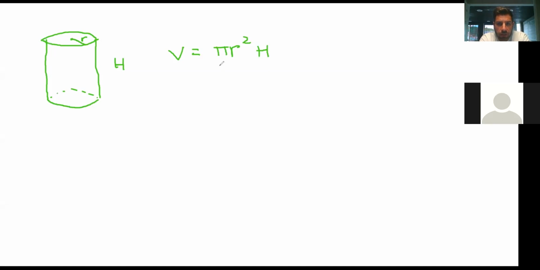And using these definitions, we're going to define the volume of more general regions. So let's make this clear.